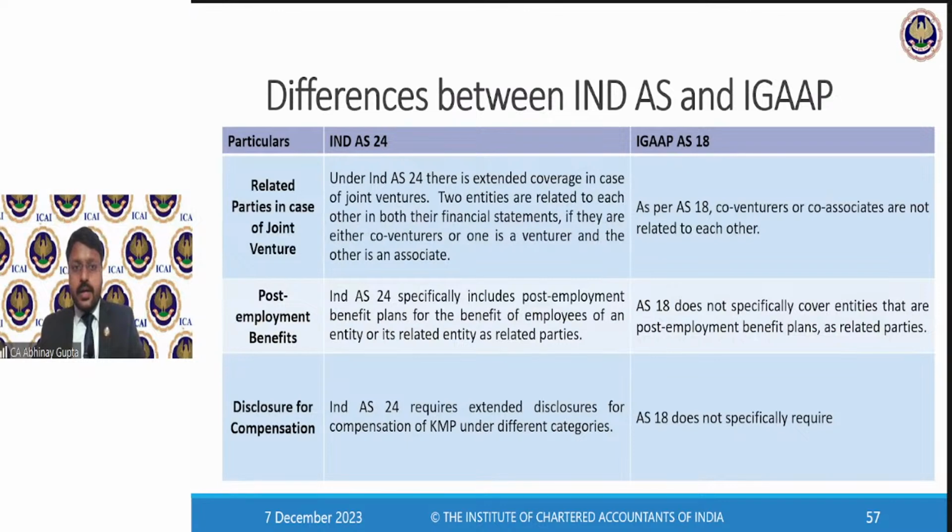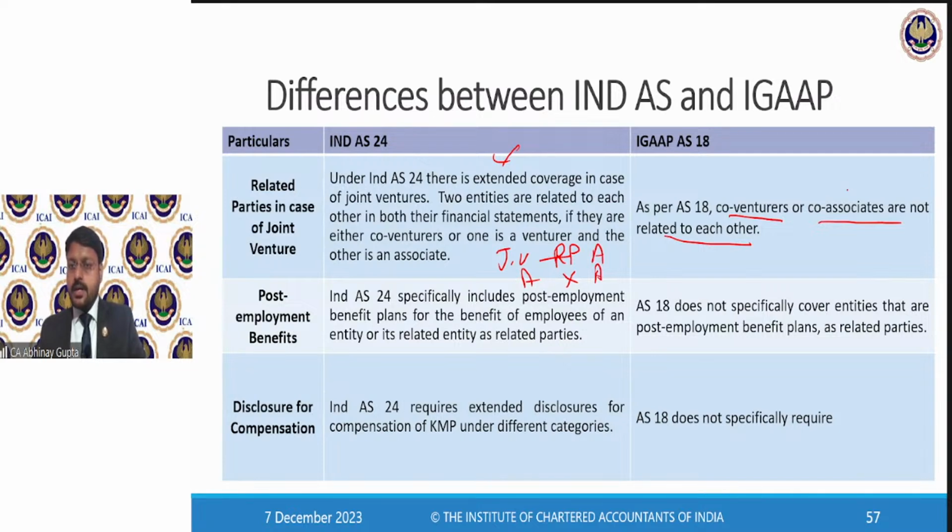Then related parties in case of JVs. AS 18 considers co-venturers or co-associates as not related to each other, but Ind AS considers JVs and associates as related to each other, but associate to associate are not related. So JV and associate are related to each other, but associate and associate are not related, right?